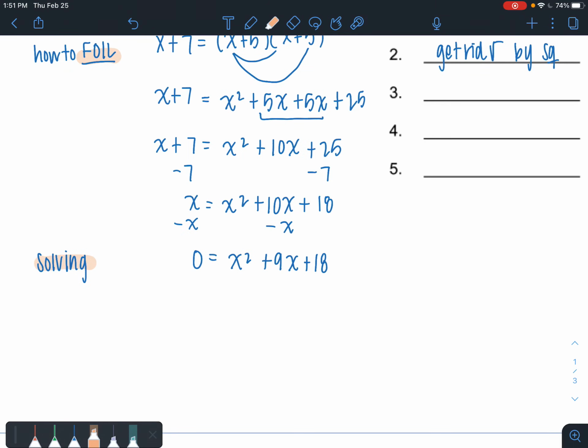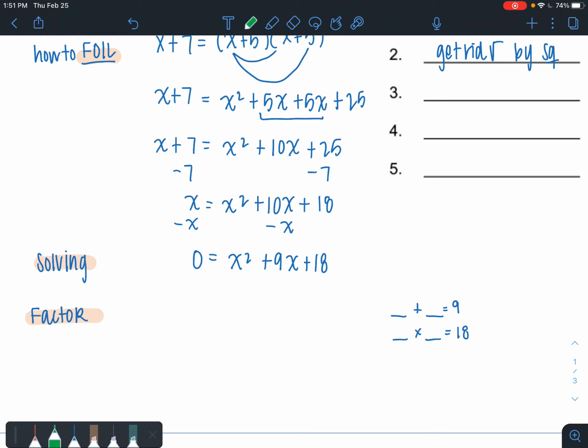Now we want to factor. Like I said, we're just focusing on those skills. I need two numbers that add to be 9 but multiply to be 18.